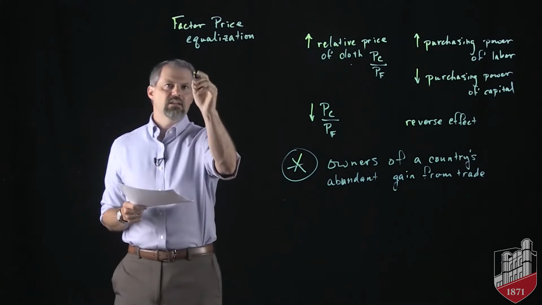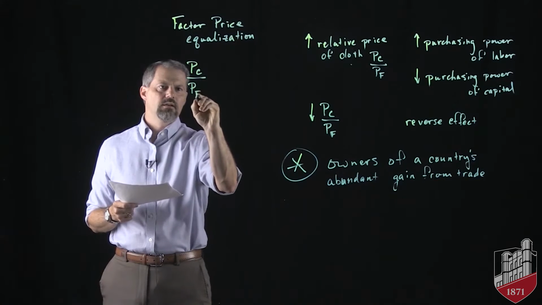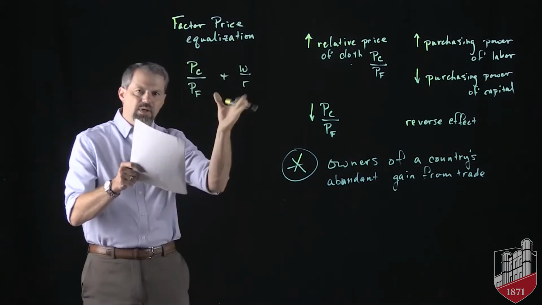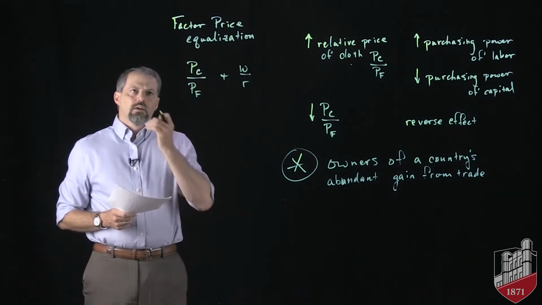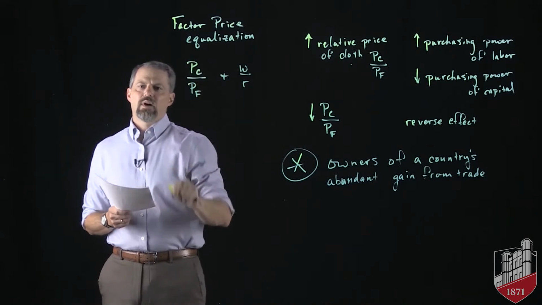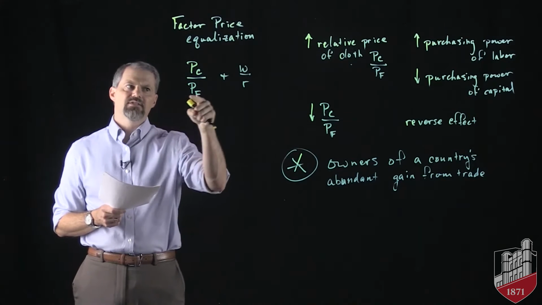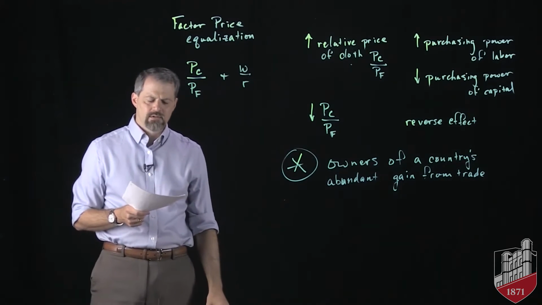So there's a link between this price, the relative price of cloth, and the relative wage. We drew a picture of what that looked like. So if the relative output price is equalized between the two countries, this model predicts that the relative wage would be equalized between the two countries.